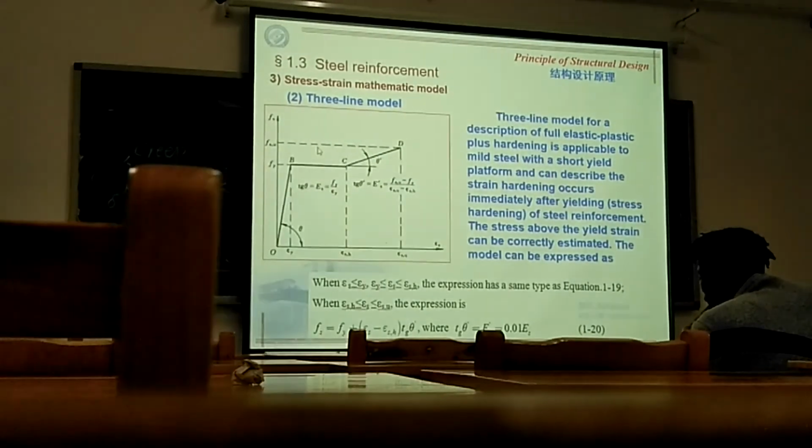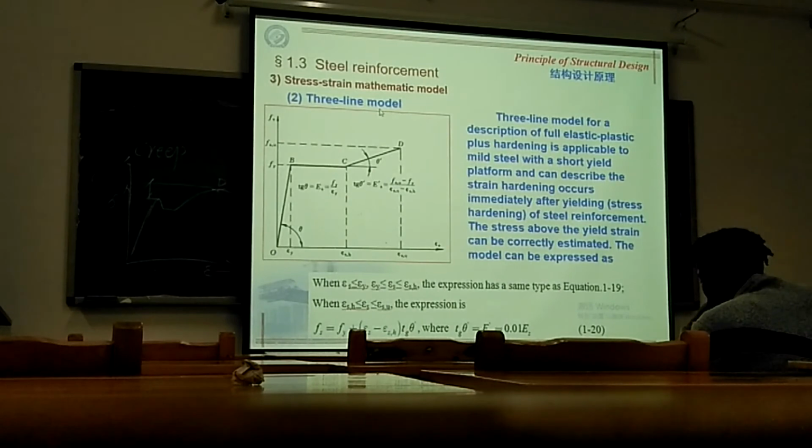So this is another model, the straight line model. So nearly the same, just after this point, use another straight line to replace the strengthening part.